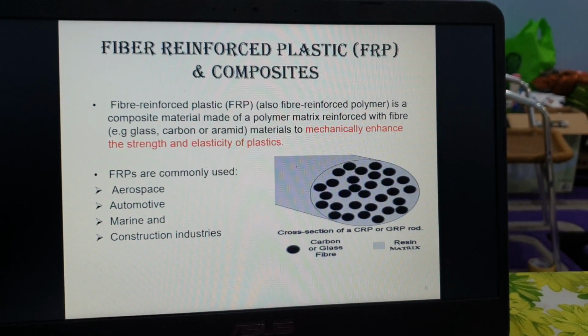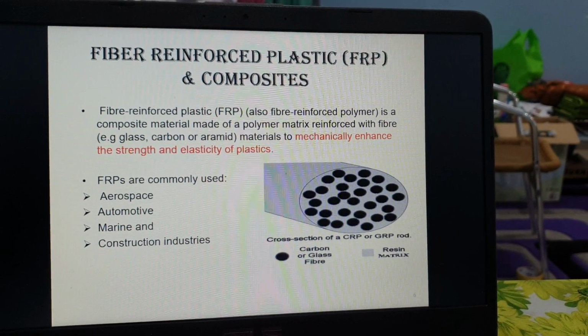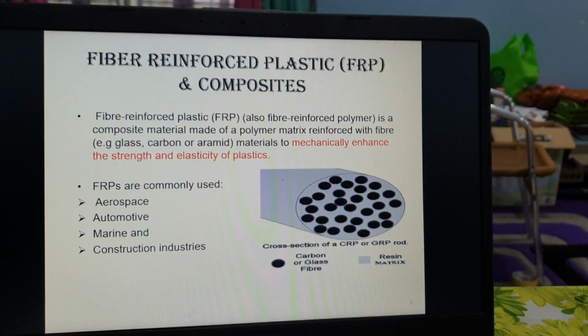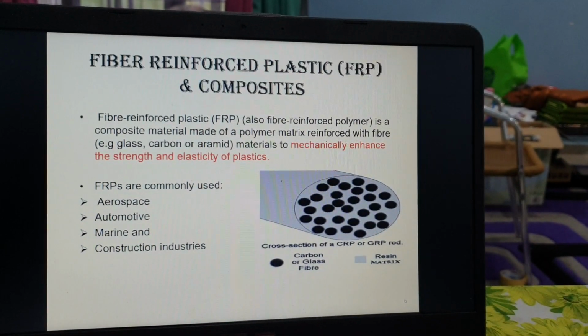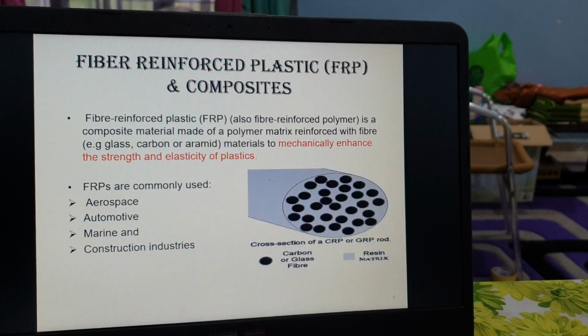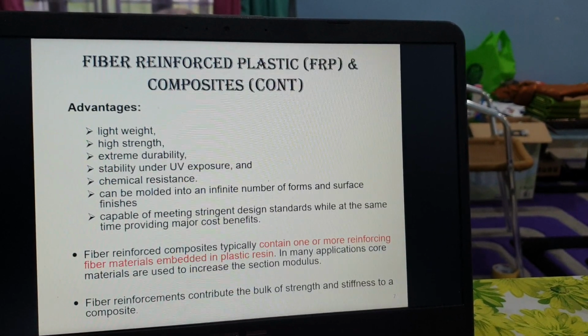So basically this is a polymer, but this polymer is reinforced by fiber. FRP is commonly used in the aerospace, automotive, marine and construction industries.